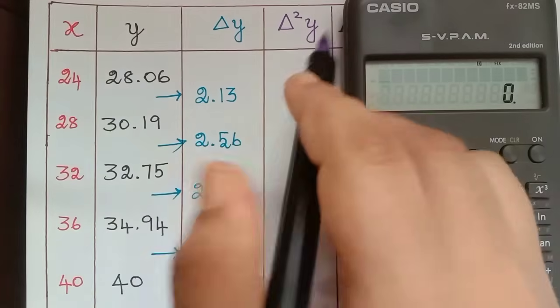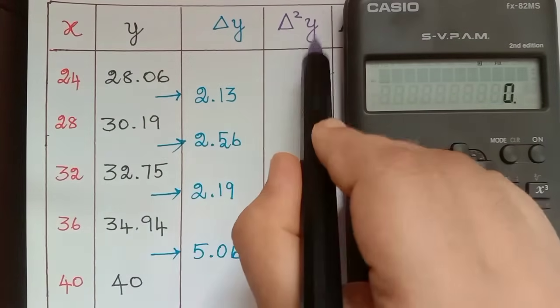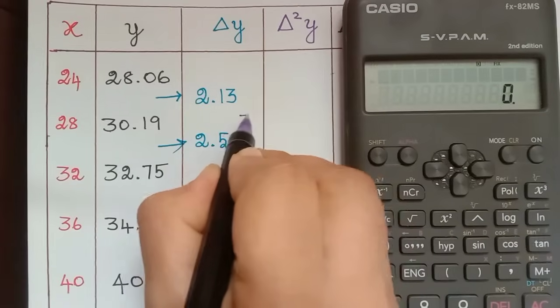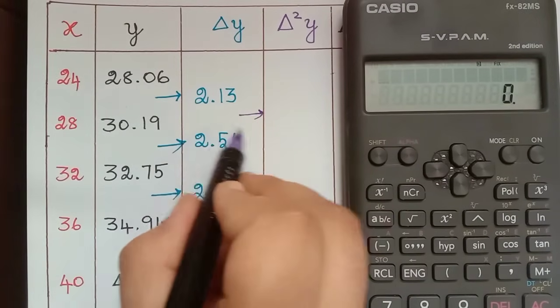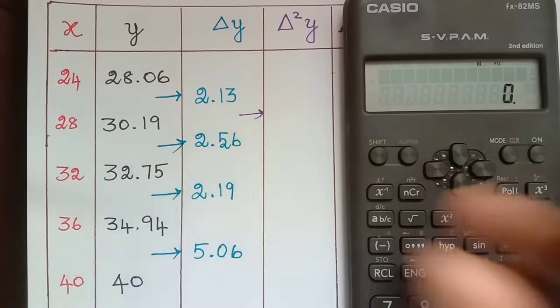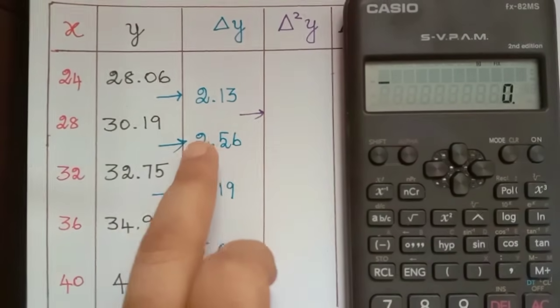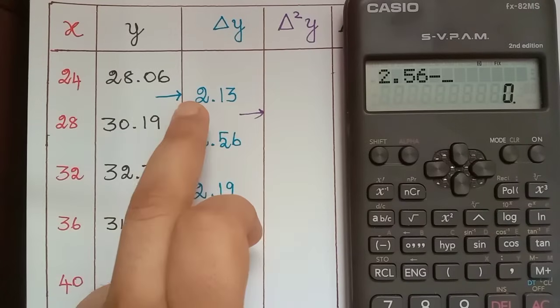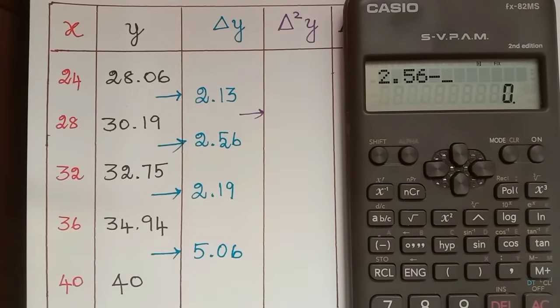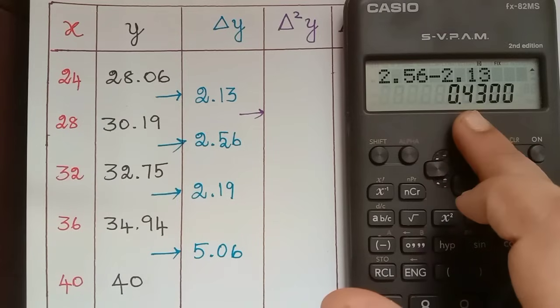Now we have to find the second difference, delta squared y, which we find by subtracting the first value from the second value. So for this one it will be 2.56 minus 2.13, which is equal to 0.43.